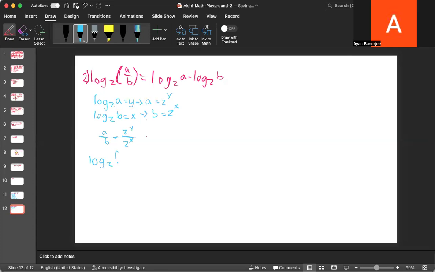We get log Z A divided by B is equal to log Z of Z to the power Y minus X. Log Z and Z cancel out, and we're left with log Z A divided by B is equal to Y minus X, which is equal to log ZA minus log ZB. Hence proved. Now, moving on to our third proof.